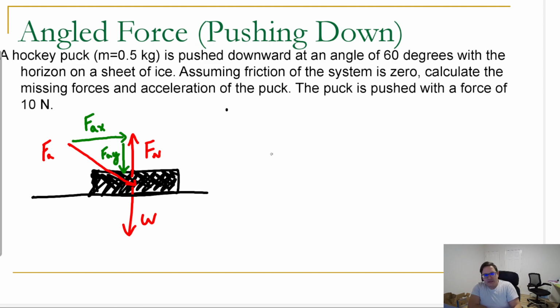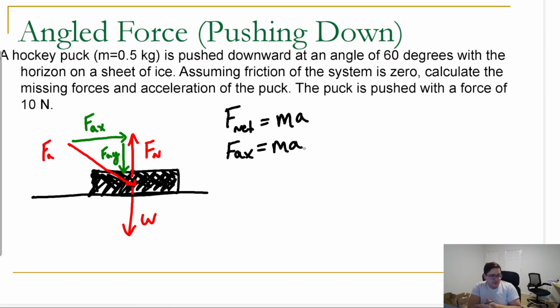Well, what does that mean then? That means the only forces causing acceleration are in the x direction. F net equals mass times acceleration. Well, what is F net? F net would then be force applied in the x direction equals mass times acceleration.